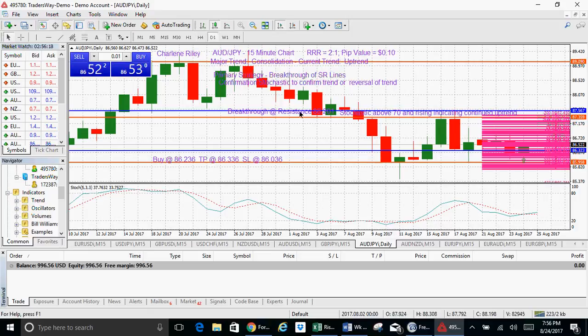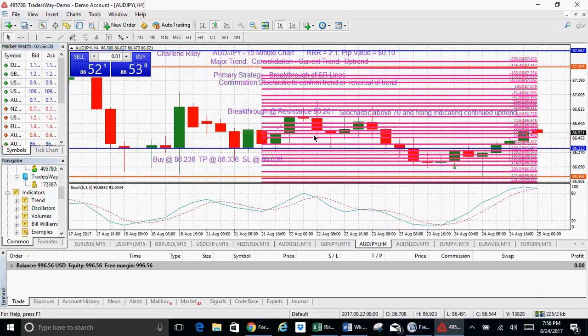My Fibonacci, I've previously plotted the highs and the lows and the range for the last week or so. Now looking at the 4-hour chart, I see that the market has been in an uptrend over the past day.